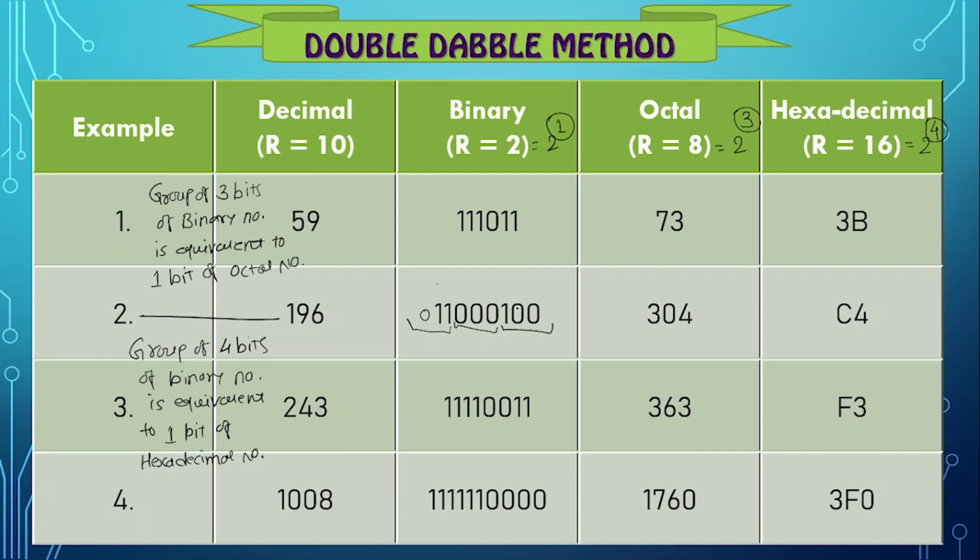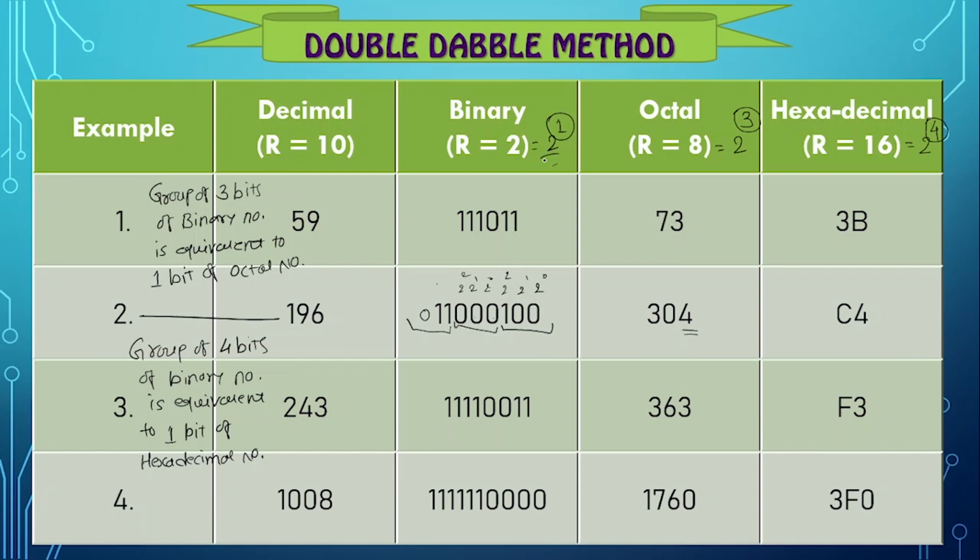And I will write the equivalent decimal of every group. So 100: 2 raised to 0, 2 raised to 1 and 2 raised to 2. So 4 into 1 is 4, 2 into 0 is 0, 1 into 0 is 0, so I will have 4. Then 000, again 2 raised to 0, 2 raised to 1, 2 raised to 2.